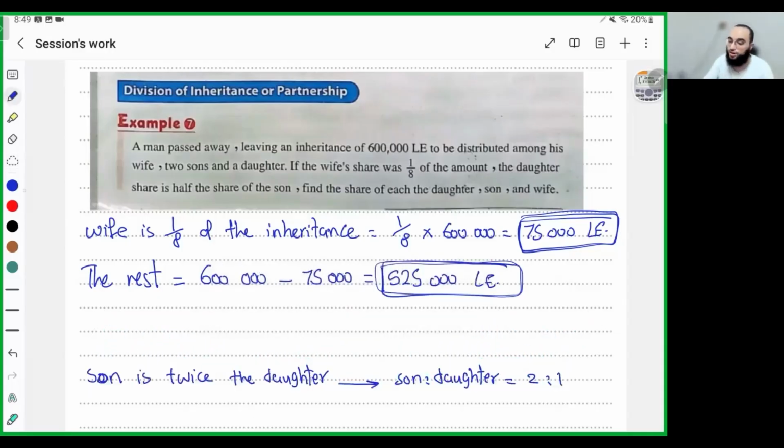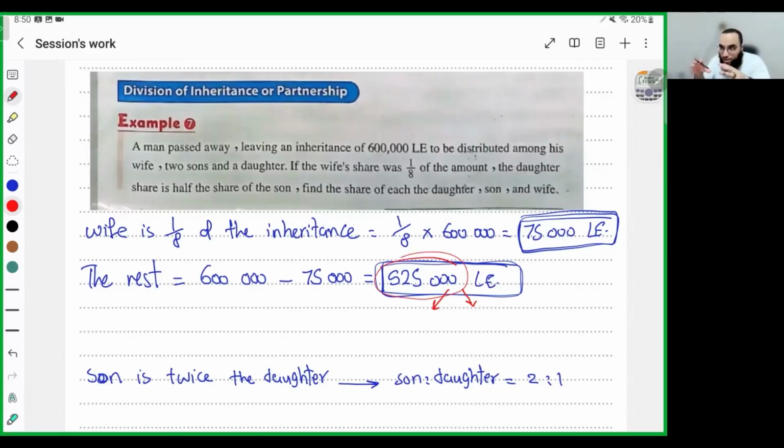How many sons are there and how many daughters? 2 sons and 1 daughter. Yes. So this amount of money, which is the rest after we gave the wife her share, we have a remaining inheritance. What remains? 525,000.